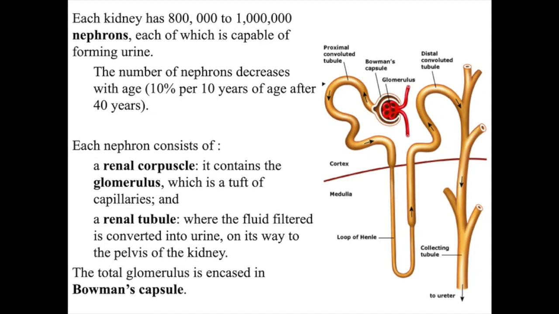So if it all happened in one little segment of tube, we would filter, but then if we were to reabsorb something by diffusion in that little segment, the equilibrium would be reached. And that would be the end of it.